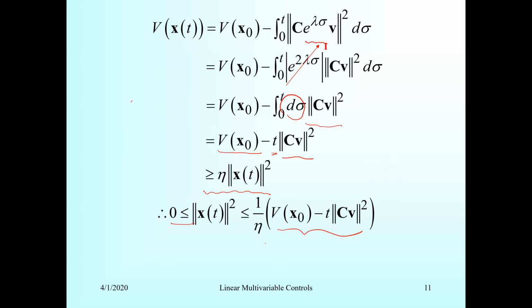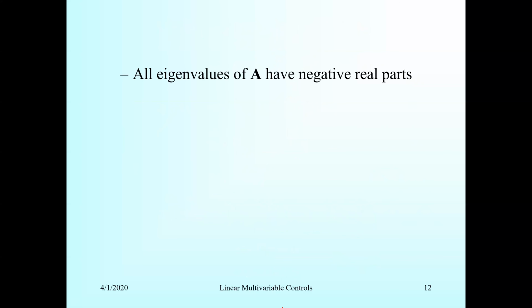And we are trying to apply our definition, okay, definition. So if this is true, then I want this one to be 0, okay? So if this is 0, then that means this (A, C) is not observable. So we have to say that all the eigenvalues must have negative real parts, okay?